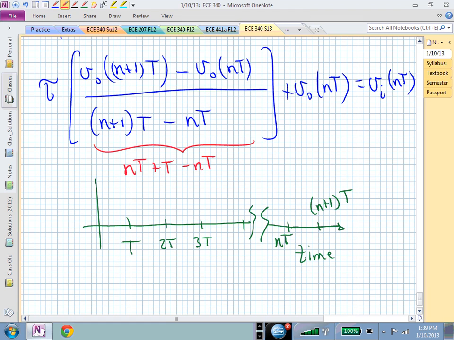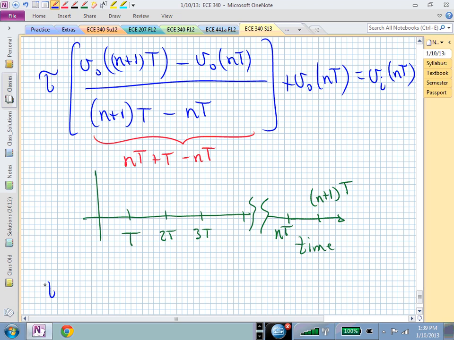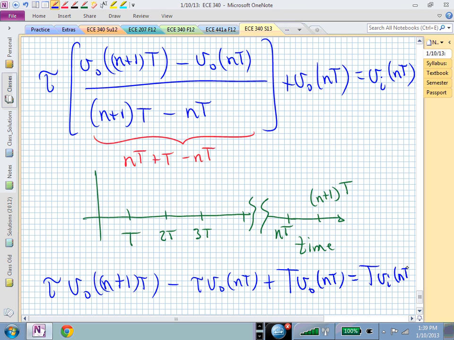If I do that and push all of this through, I now have tau times v naught of n plus 1 capital T minus, and how do I want to do this? Let me go ahead and multiply by capital T on both sides, and now this is minus tau v naught of nT, and that's equal to capital T, let me not push that over just yet, plus capital T v naught of nT equaling capital T v sub I of nT.